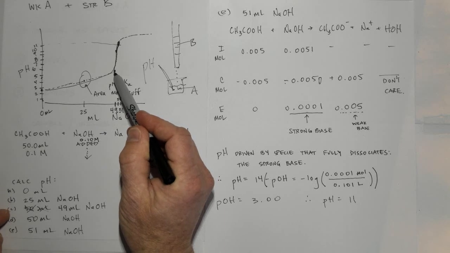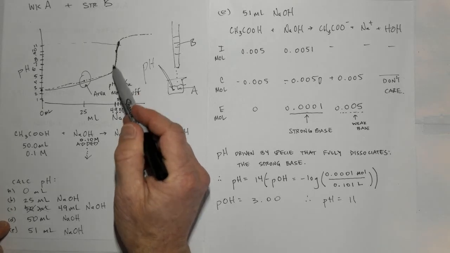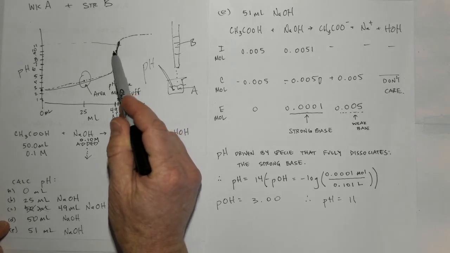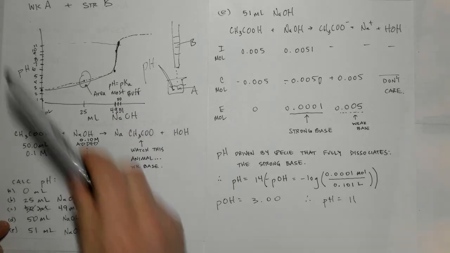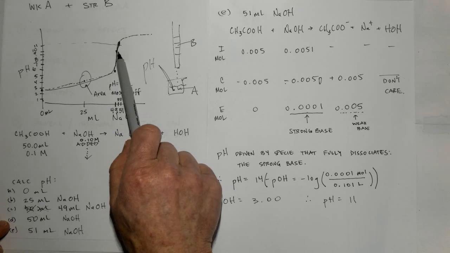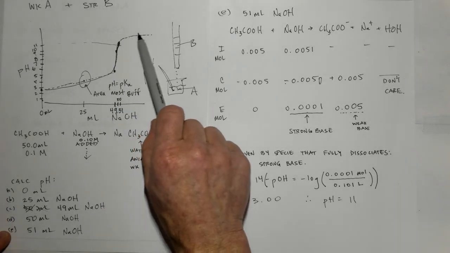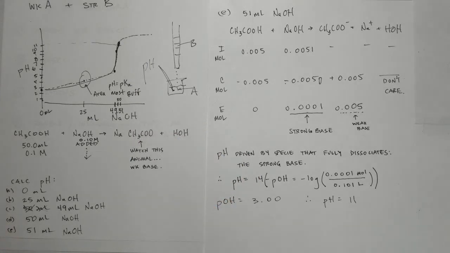And it's driven still by the acid, because we use up all the base. And then at the equivalence point, we make a dramatic jump, and notice the equivalence point is above 7, because we have a weak acid and a strong base. And so the strong base makes the pH be higher. And then at 51 milliliters, we jump even further, and then we'll eventually level off.